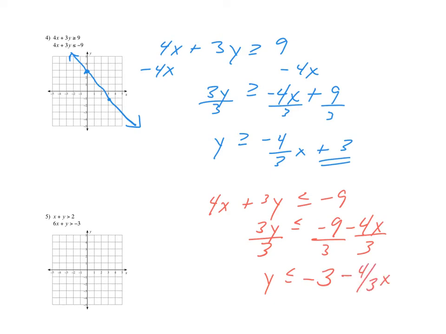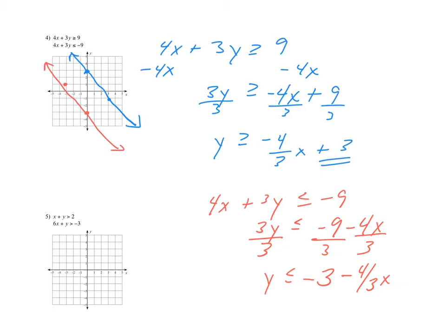That is the same thing as saying negative 4/3 x minus 3. So my y-intercept is negative 3, and my line is also a negative, so I can go up 4, but I want a negative line, so I have to go to the left. Solid line.